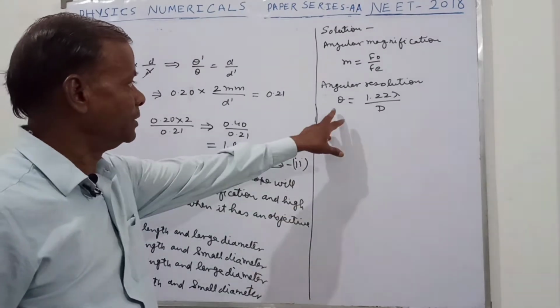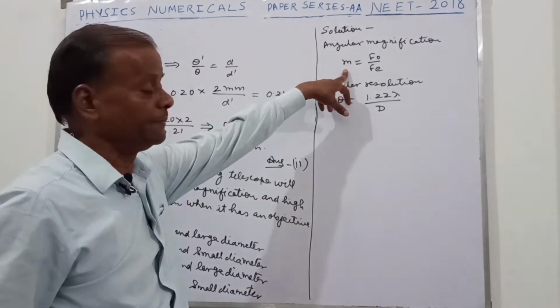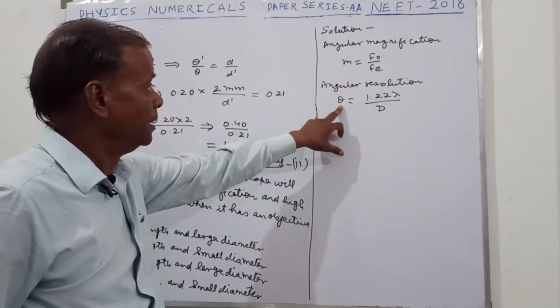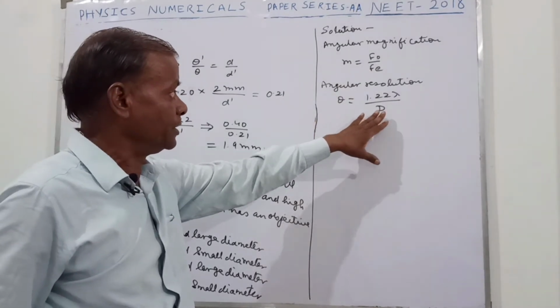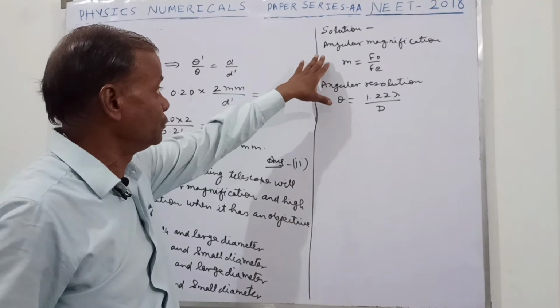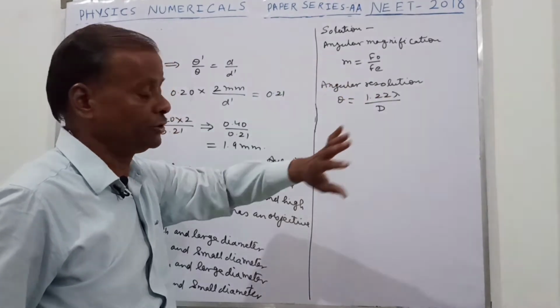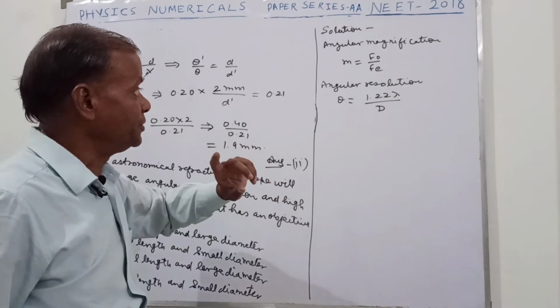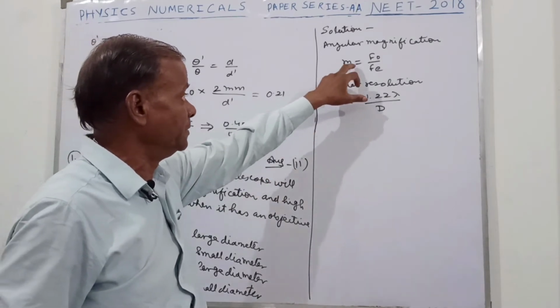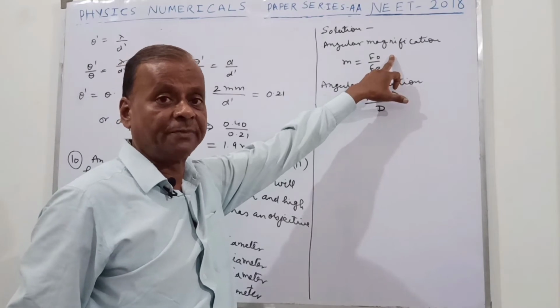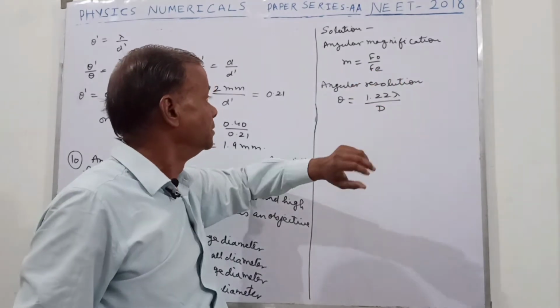So the first is giving the magnifying power, and this is giving you the resolution limit. That is also named angular magnification and angular resolution. And you can see from here that this M is maximum when F0 is maximum. The focal length of the objective lens must be large.